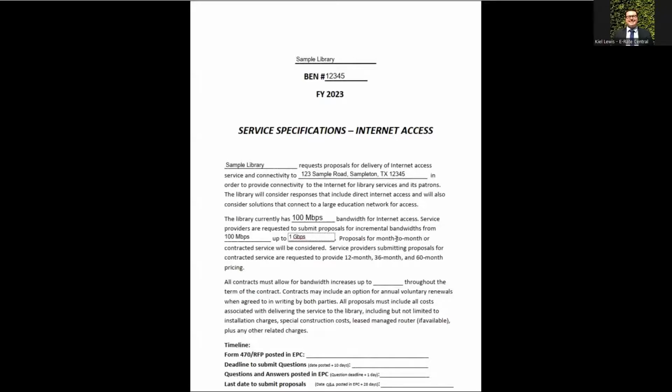If that is the case for your library, 1 gigabit per second is a reasonable amount to include here. If the library is already receiving 1 gigabit per second internet speeds, you may want to consider a higher bandwidth. If you have questions about this, please reach out to us and we can discuss.